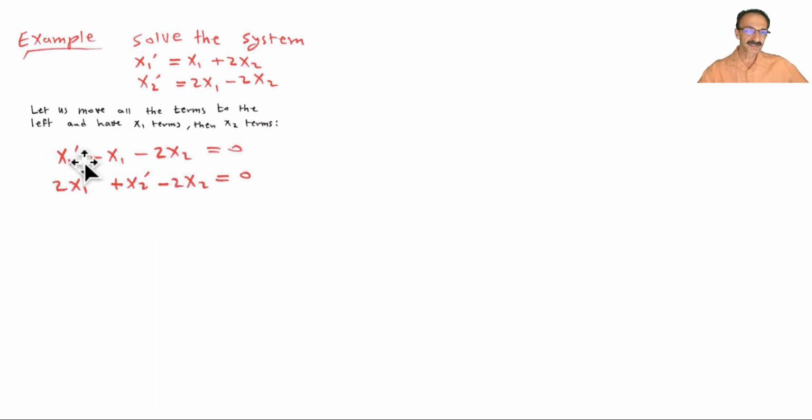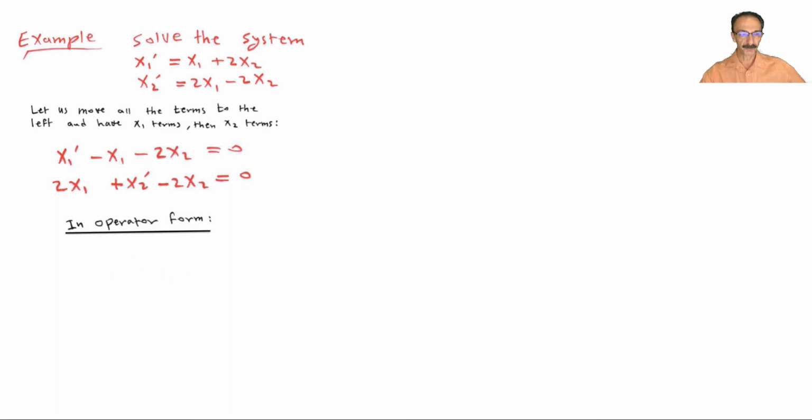Now here's something that we used earlier but didn't take much advantage of. This is x1 prime minus x1. In operator form, we could rewrite this as D times x1. Let's slow down and see it.